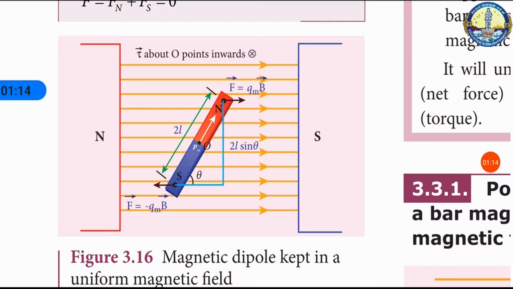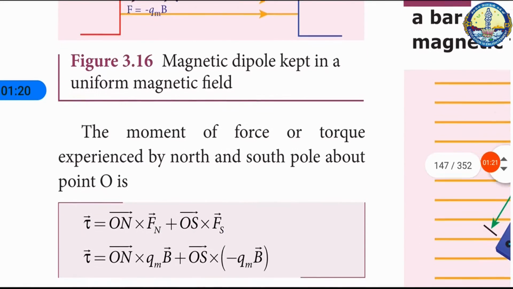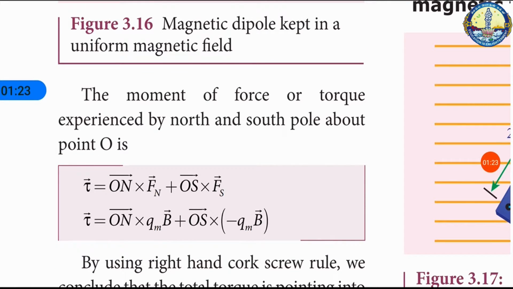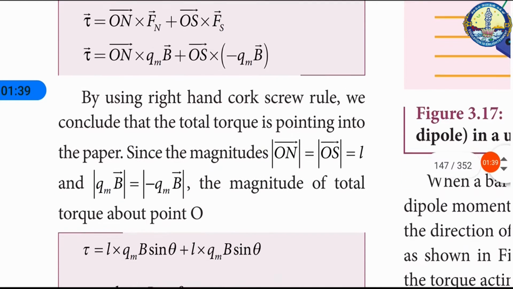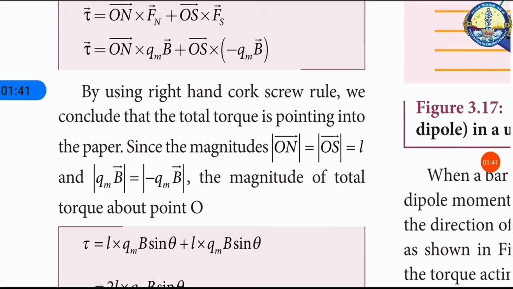The moment of force or torque experienced by the north and south poles about point O is torque, that is tau, is equal to On into Qm B bar plus Os into minus Qm B. Since the magnitudes of On and Os are the same, the center point is O, towards the north it is length L and towards the south it is also length L. So the total length is 2L.